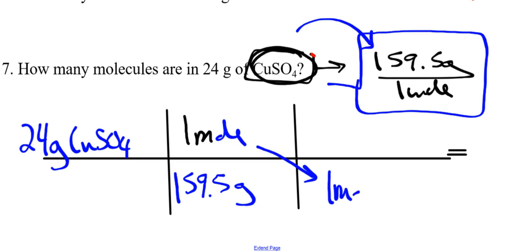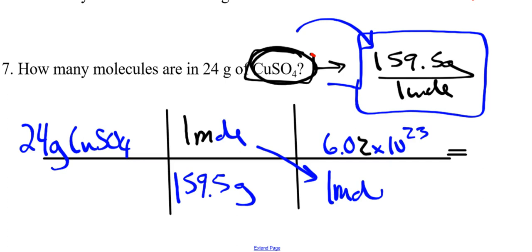For every 1 mole, I have 6.02 times 10 to the 23rd. Plug that in, and once again, I can't do this. It's around 1, because 24 over 159 is around 1/6. So I don't know, 1.3, 1.2, times 10 to the 23rd. Actually, it'd be 0.01 something. All right, hopefully that went okay for you.